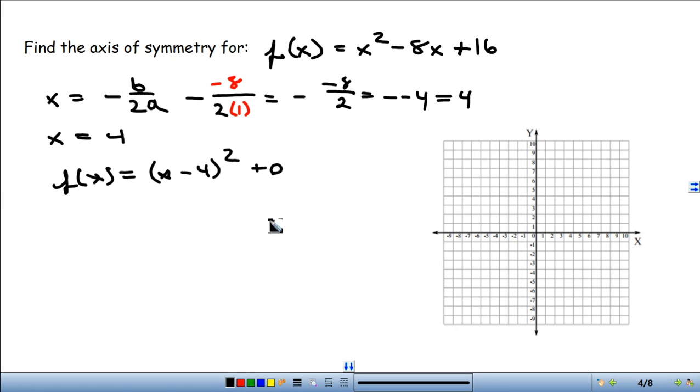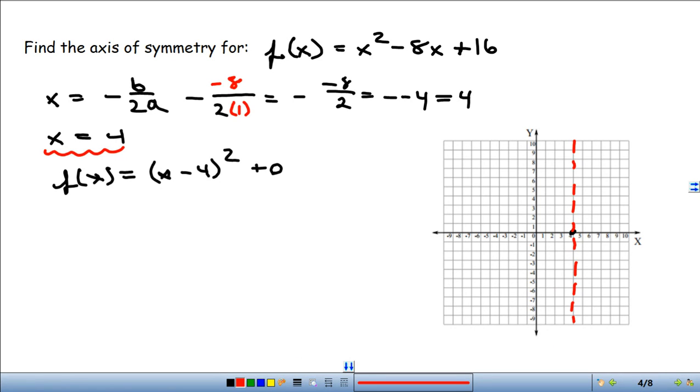So I have a vertex at 4, 0. I know the vertex lies on the axis of symmetry, and I have my axis of symmetry of x equals 4. That's my axis of symmetry, x equals 4. So I'm in the x direction of 4. So I've got that there.